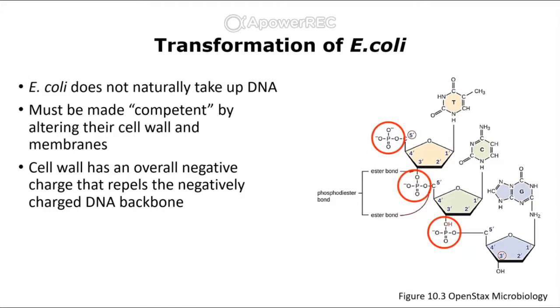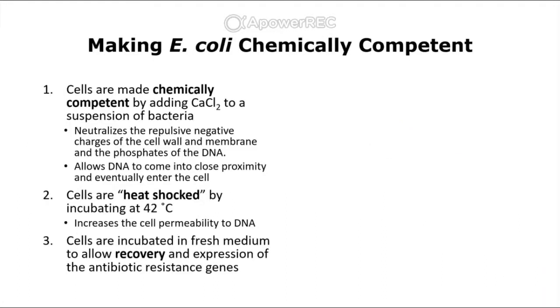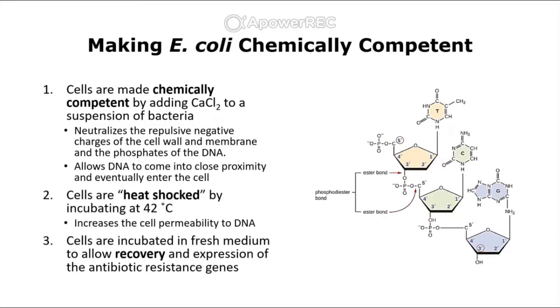So we need a way of neutralizing these two charges so that they can come into close contact with one another. So this is what we mean by making E. coli chemically competent. In order to make E. coli competent, we can do so by the addition of the chemical calcium chloride.